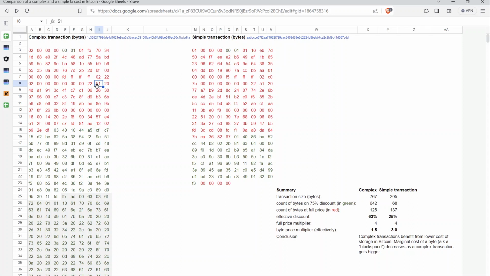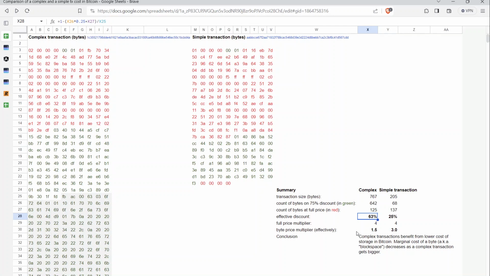So effectively, the discount for the complex transaction in that example amounted to 63%. In an extreme case, it could reach almost 75%. The bigger the transaction is, the bigger the effective discount.